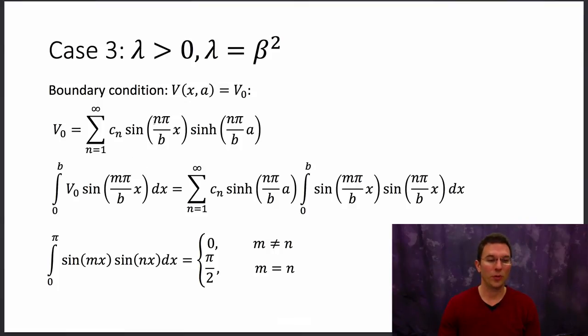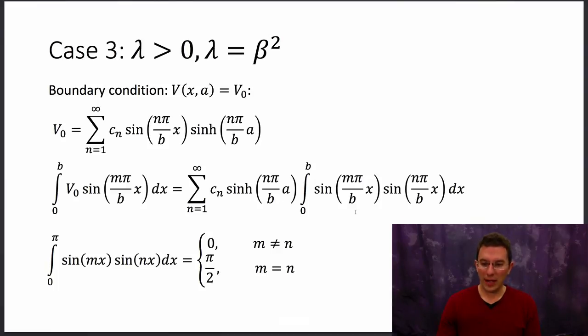These are two different integers. Here I'm multiplying both sides by sine of m pi over b x, and here's the sine of m pi over b x term on the right-hand side. Then we're going to integrate both sides of this equation from x equals 0 to x equals b.